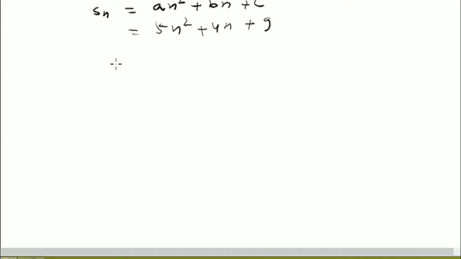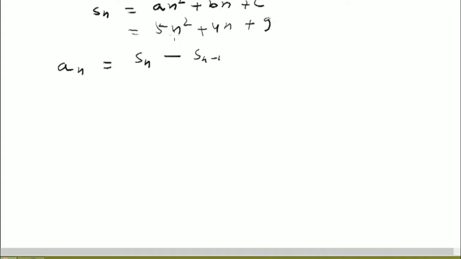We have to see which type of series is being represented by that formula. We will find an, the nth term of the series, which is Sn minus Sn minus 1. Sn minus Sn minus 1 is going to give you the value of the nth term.